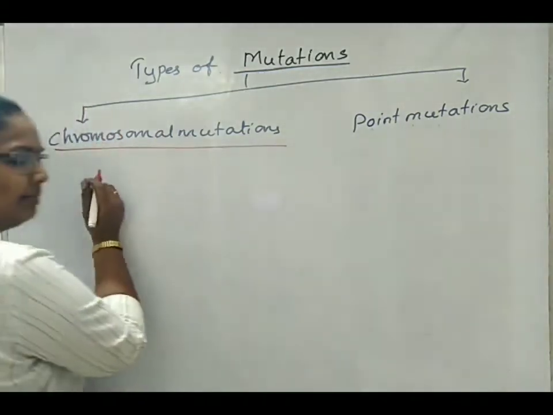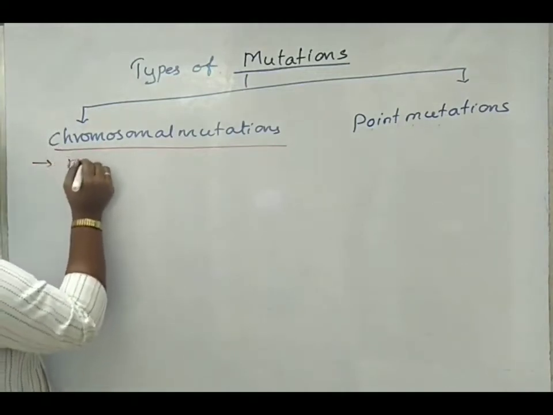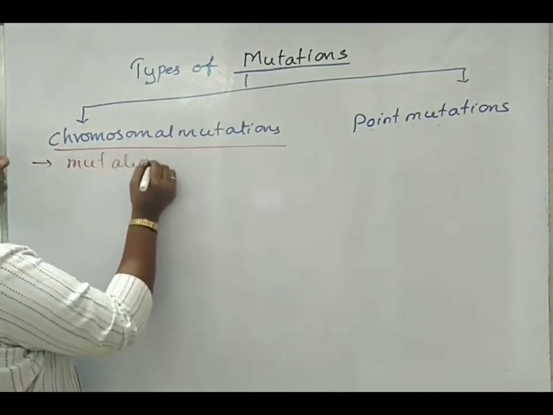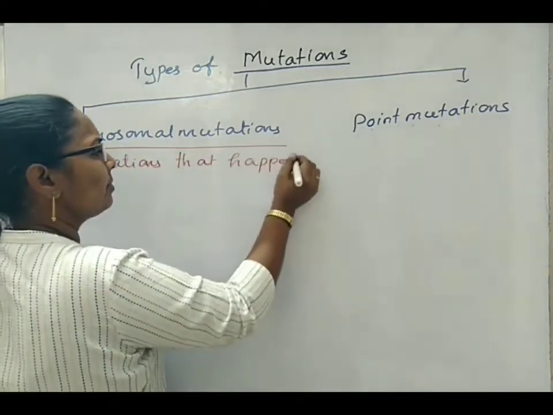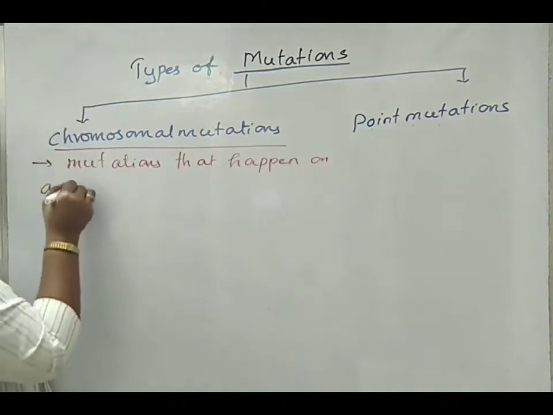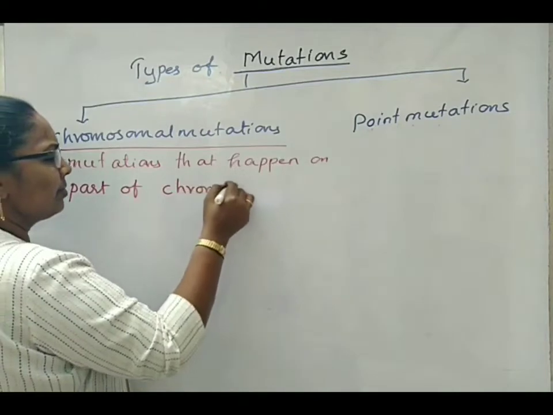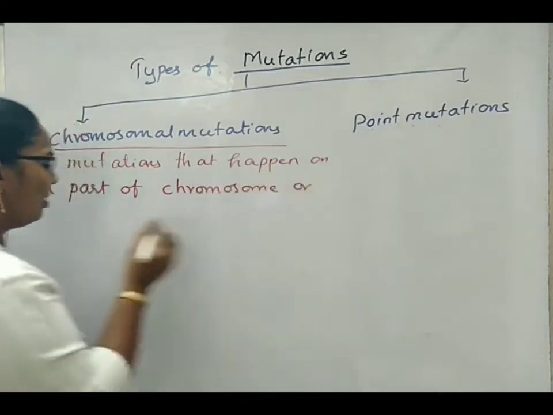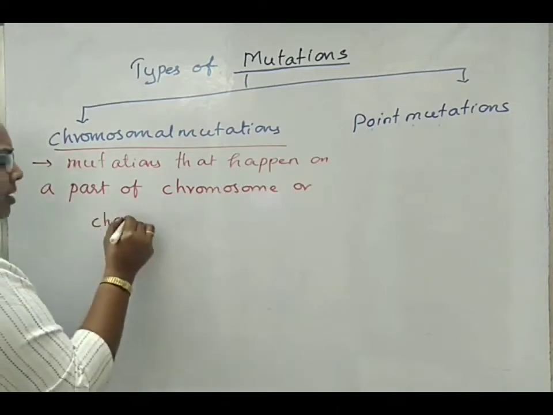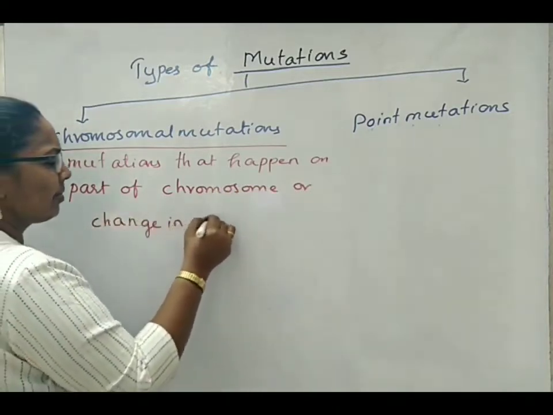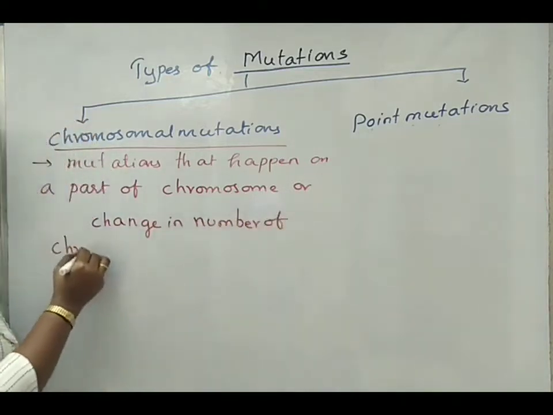Now, mutations that happen on a part of a chromosome, or a change in the number of chromosomes.